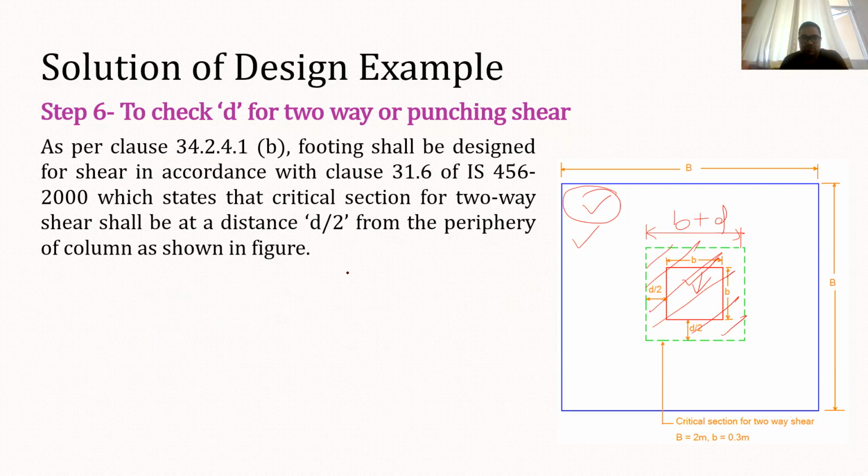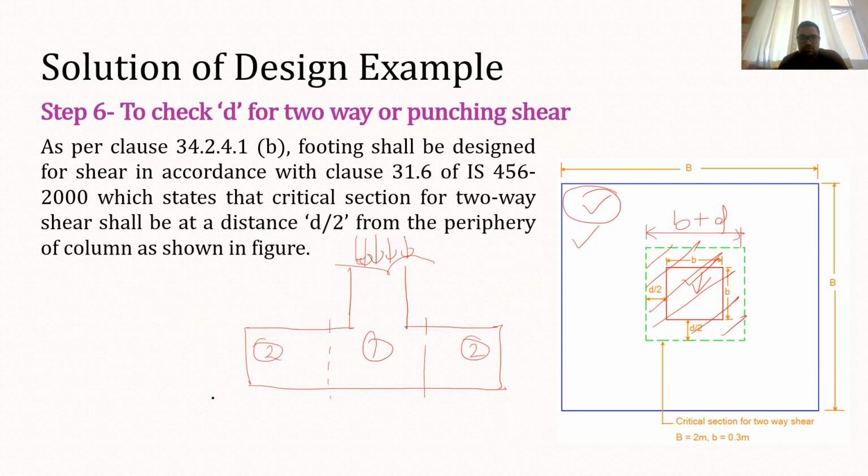So if we try to draw the section in this case, the force coming from the column like this, and this is the critical section from both sides. So either we consider the area 1 or the area shown as 2. So I am marking this as area 1 and this as area 2. So which area is to be selected?